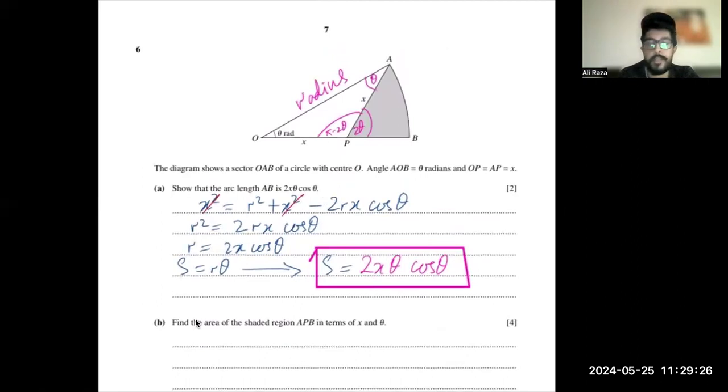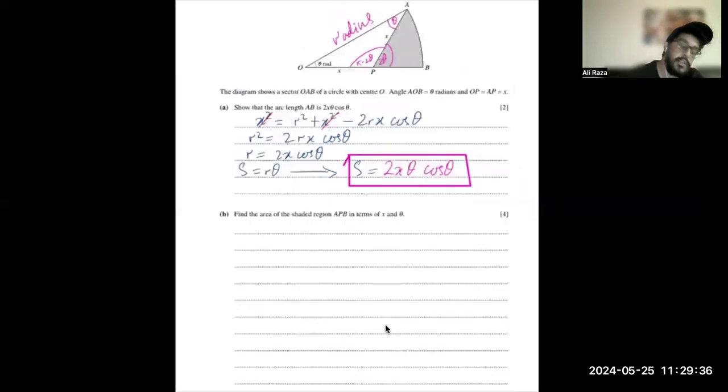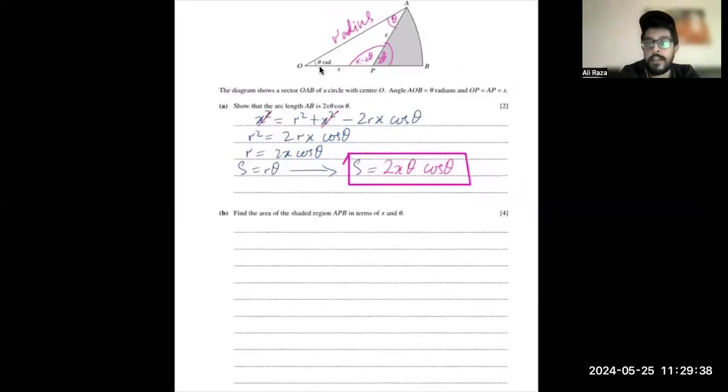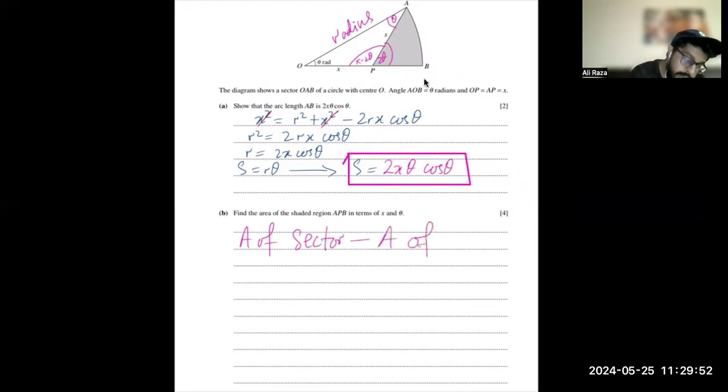Now in part B, we need to find the area of the shaded region, APB, in terms of x and theta. So we'll subtract the triangle OAP from the sector OAB. Area of sector minus area of triangle.